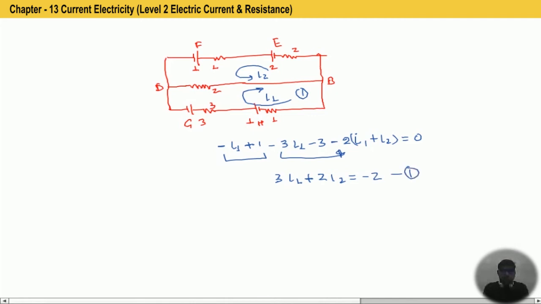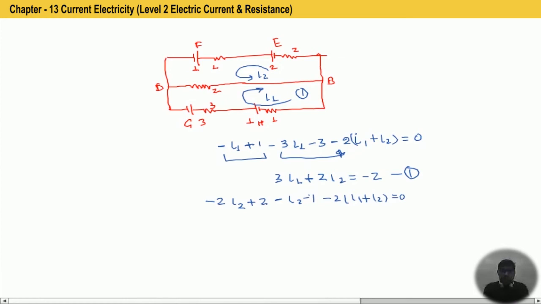This is our first equation. Similarly, we'll write for the second loop. So this is minus 2I2 plus 2, okay, minus I2 minus 1 minus 2 into I1 plus I2 is equal to 0.